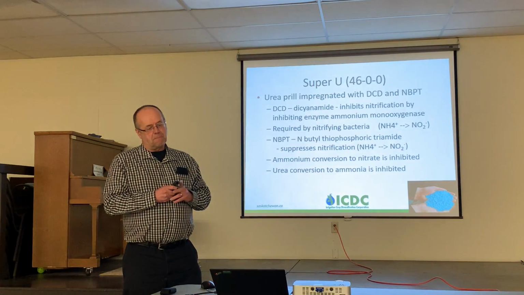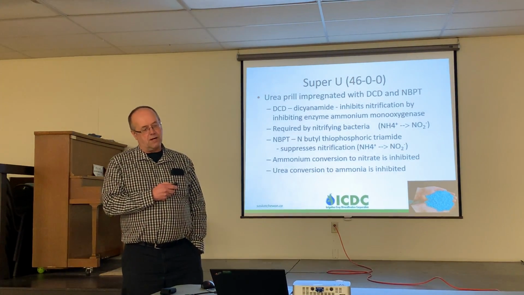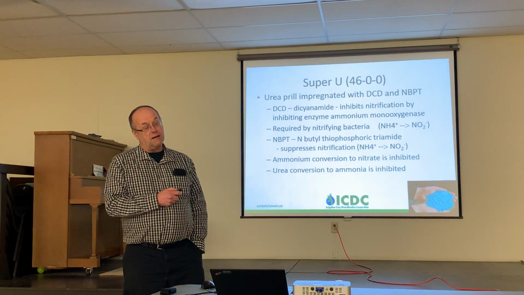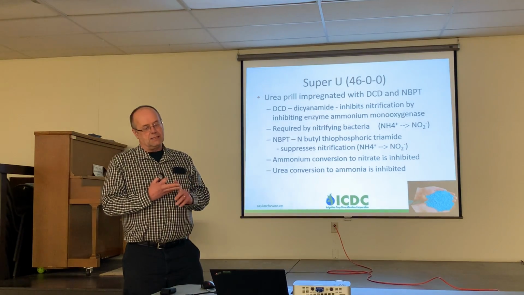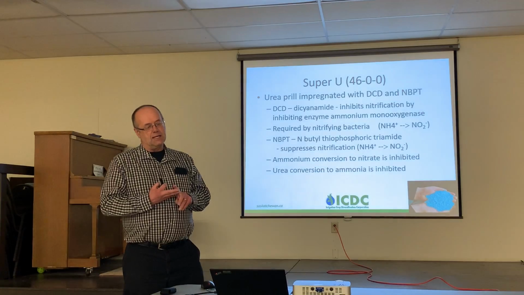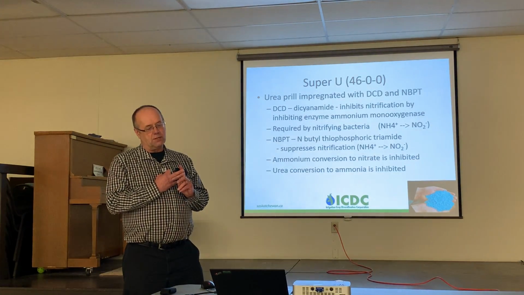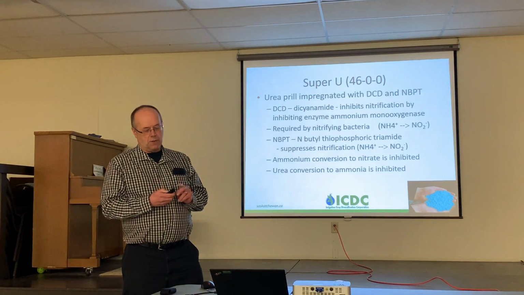But I was quite surprised by the results we got in the project I did, and it made me have second thoughts about that. So this particular product inhibits conversion of ammonium to nitrate, as well as conversion of urea to ammonia.